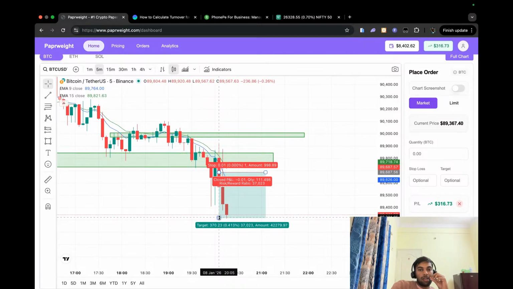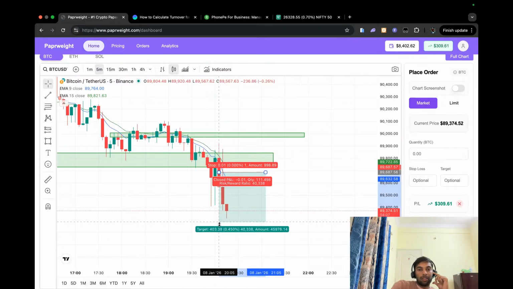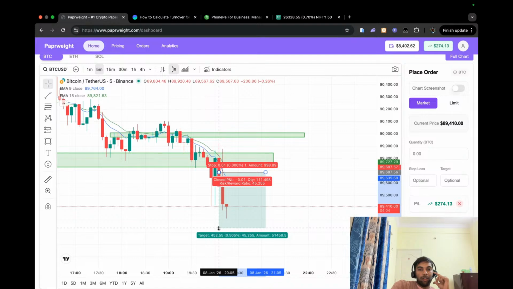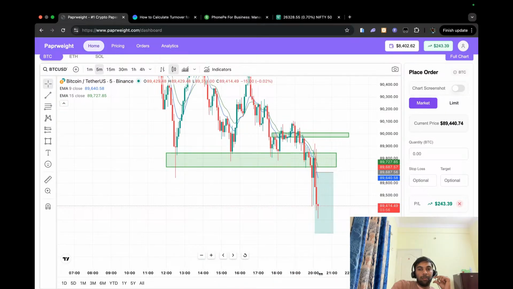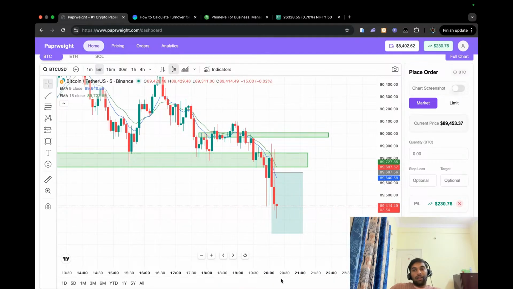Initially we will target a bit more, at least 450 points, or let's say 500 points at least. This is not greed, this is a price action game, because we know how price action is moving. Or we will get out at the stop loss or cost to cost, but we will for sure wait.